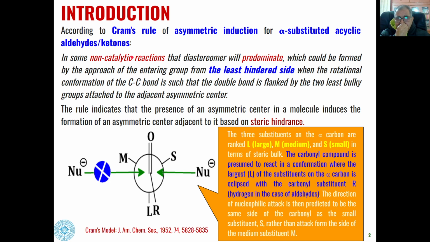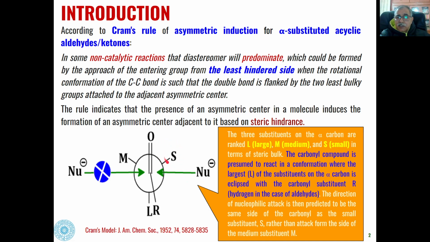According to this rule, in some non-catalytic reactions, the alpha substituted acyclic aldehydes or ketones will react in such a way that the diastereomer which will be formed predominantly is formed by approach of the entering group from the least hindered side of the aldehyde or the ketone, and the conformation of the aldehyde or ketone will be such that the nucleophile, the entering group, will enter the aldehyde or ketone from the least hindered side.